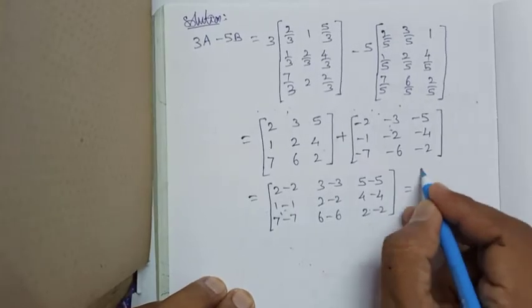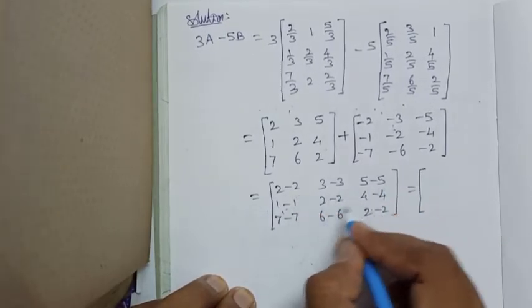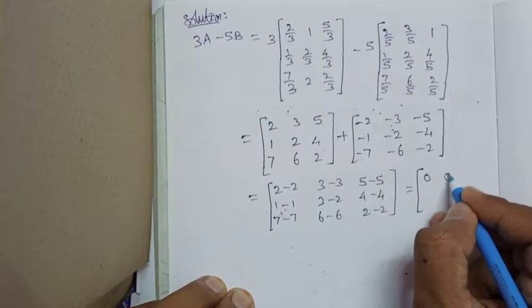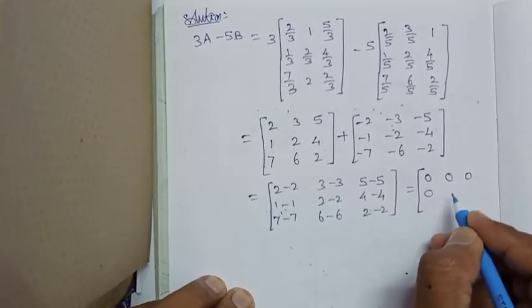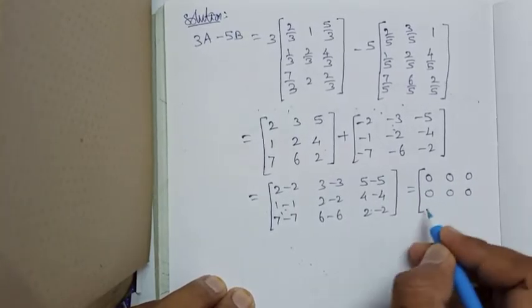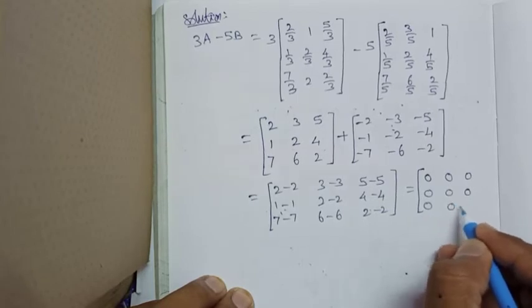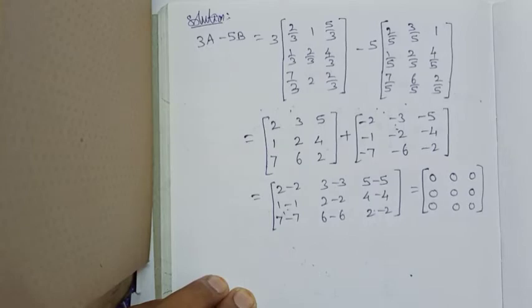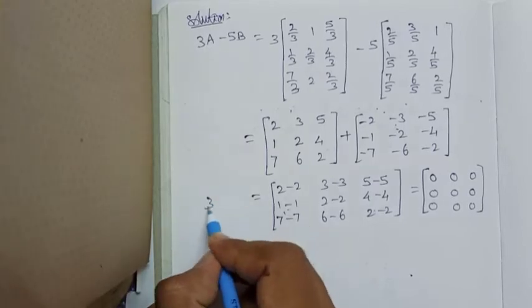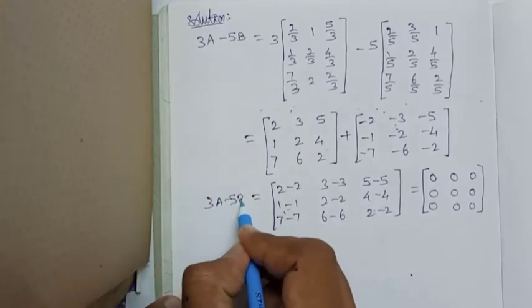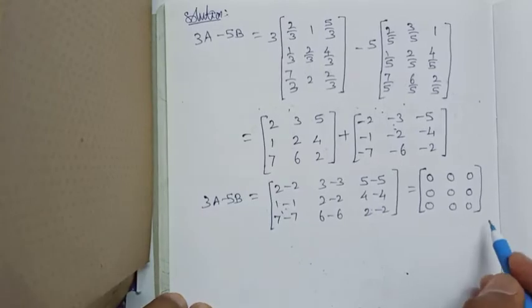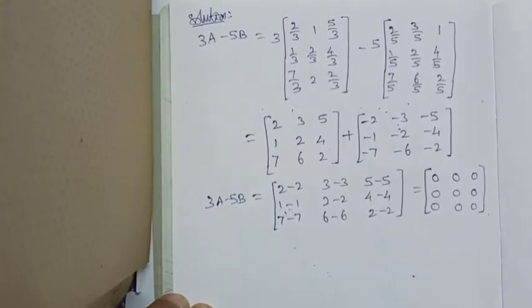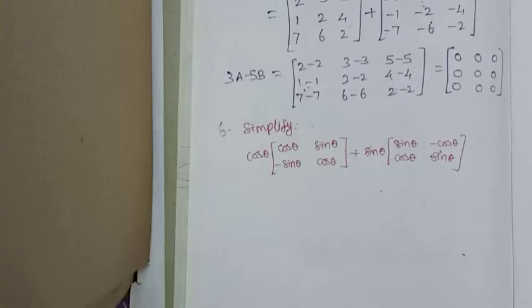So we get the sum values, all are 0, 0, 0, 0, 0, and 0, 0, 0, 0. So we get a null matrix, that is the 0 matrix. So 3A minus 5B is equal to the 0 matrix.